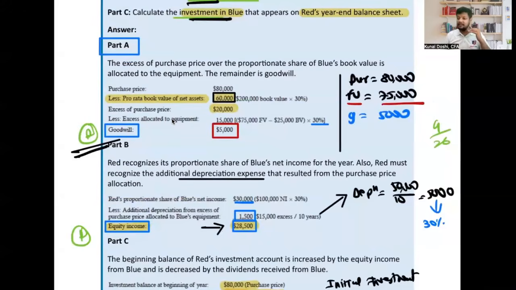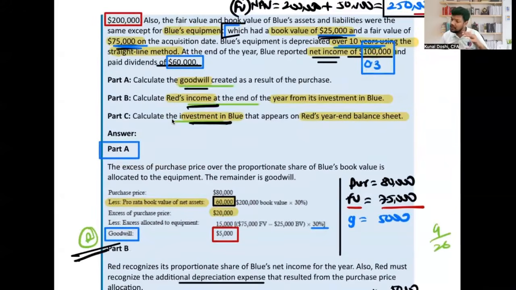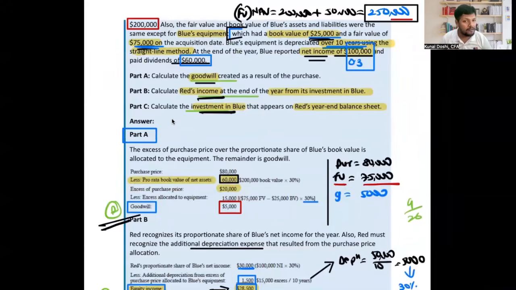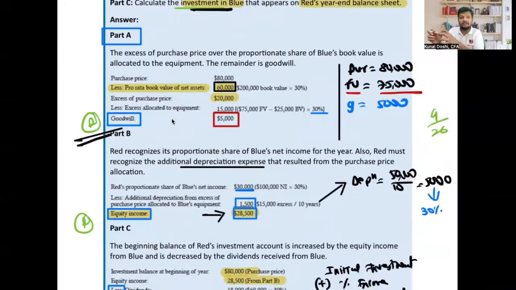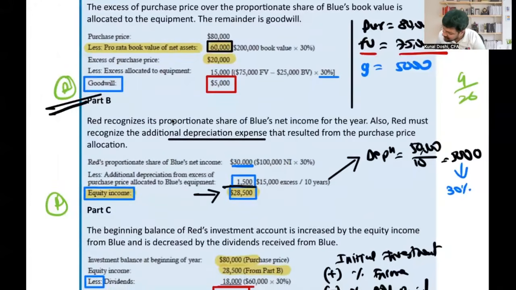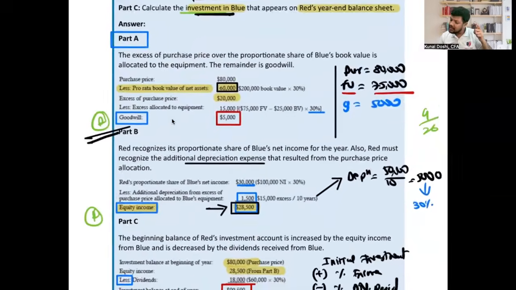So even though we get 30% of the proportionate share, there is an extra depreciation of 5,000. Of that, also 30% is what we will deduct, and that final amount will be our equity income, or income from the proportionate share in the target company.